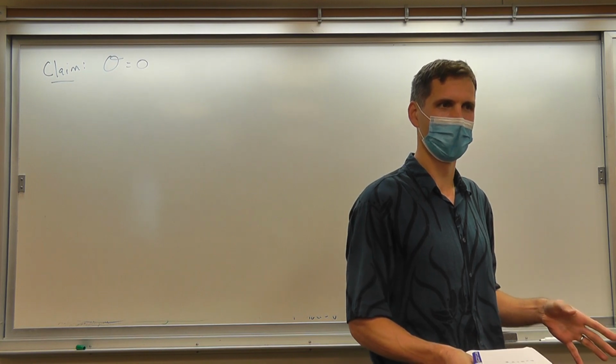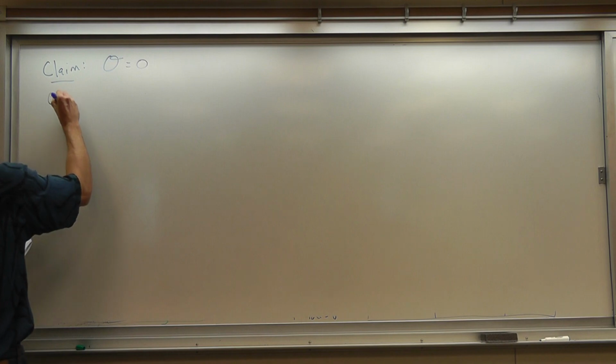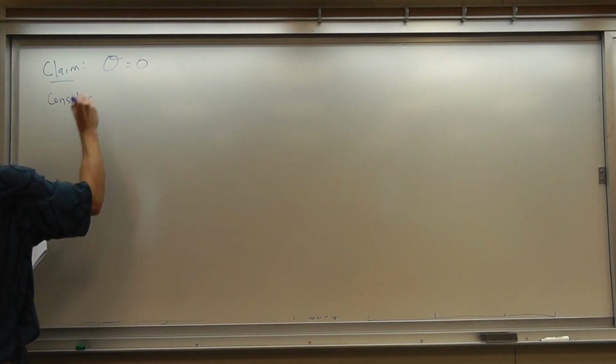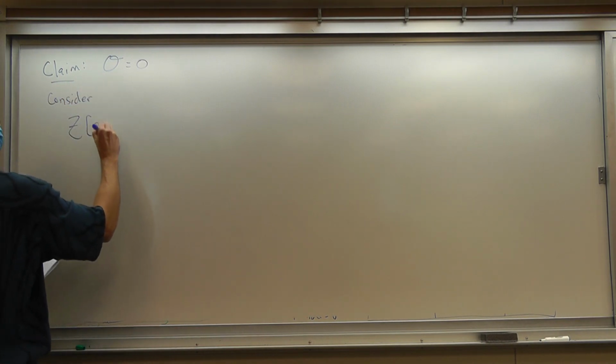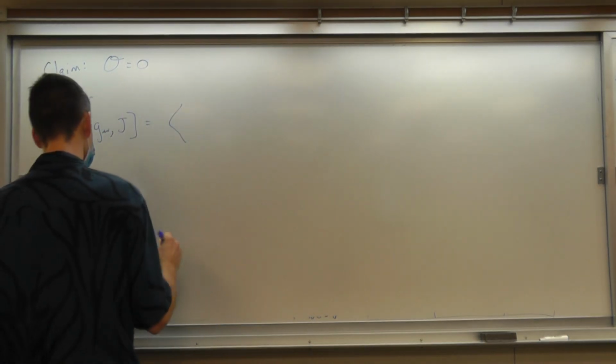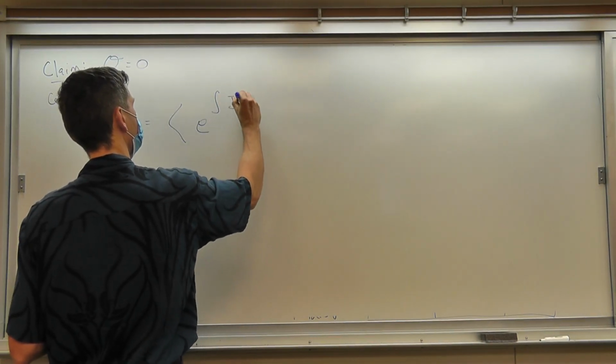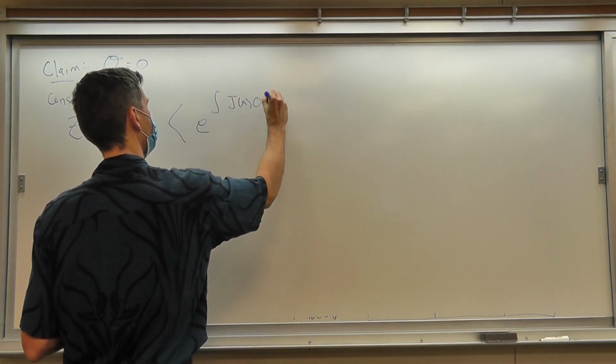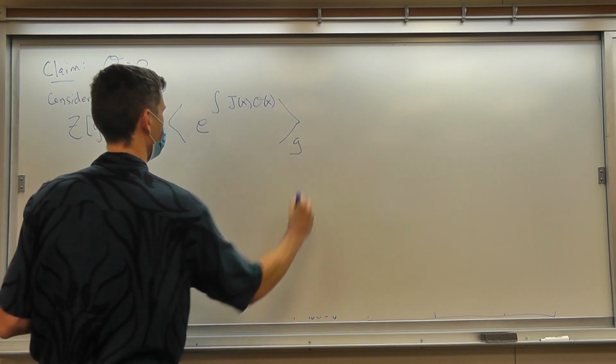So consider the object Z of g, J, which is the expectation value of e to the integral J of x O of x in the metric g.